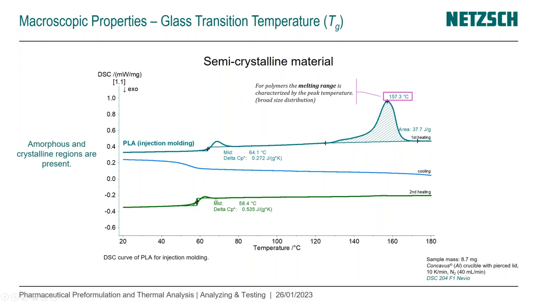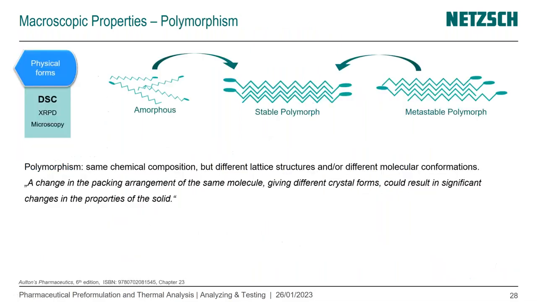So for a period of time, this material will be amorphous, but with time, the molecules will be rearranged once more, and then again we will have this semi-crystalline structure. So amorphous and crystalline regions are present in the bulk material.